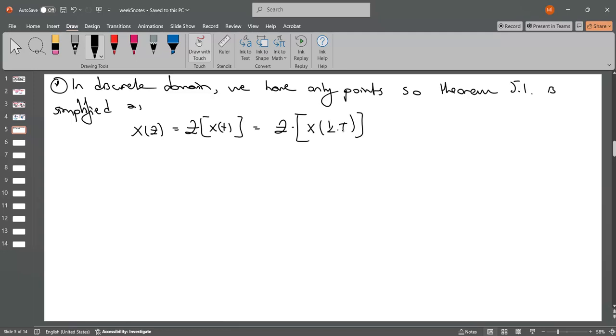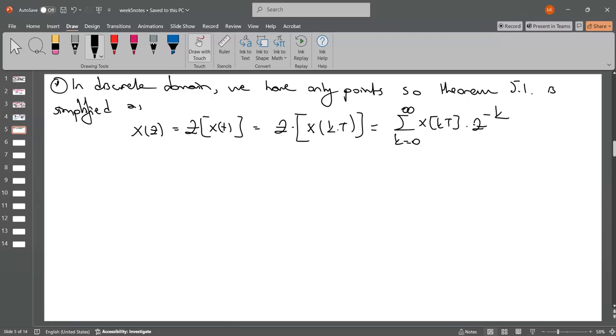Time, but which time? Sampling period, right? Okay. And so this can be written as, k is beginning with 0. Why, Buse? Yes. Time cannot be taken as a negative value. So sum to infinity of x(kT) times z^{-k}.